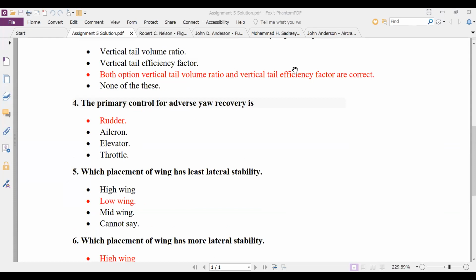I have two answers for this, but only one of them is right. Adverse yaw maybe is where we give a control and get the opposite response. Like if we want to yaw right and we give rudder to the right, but we yaw left.